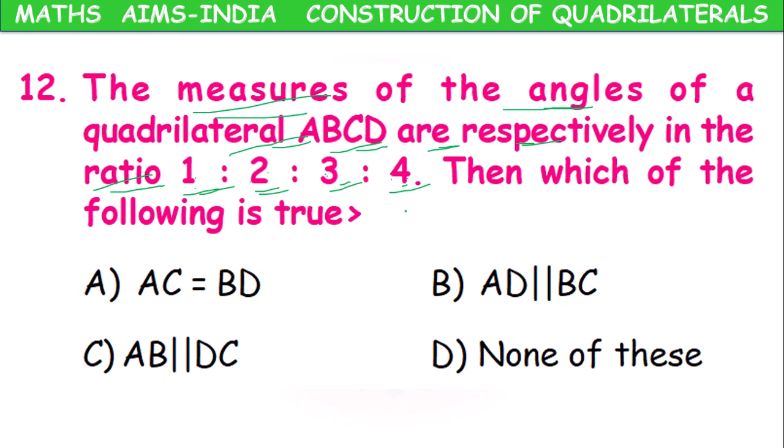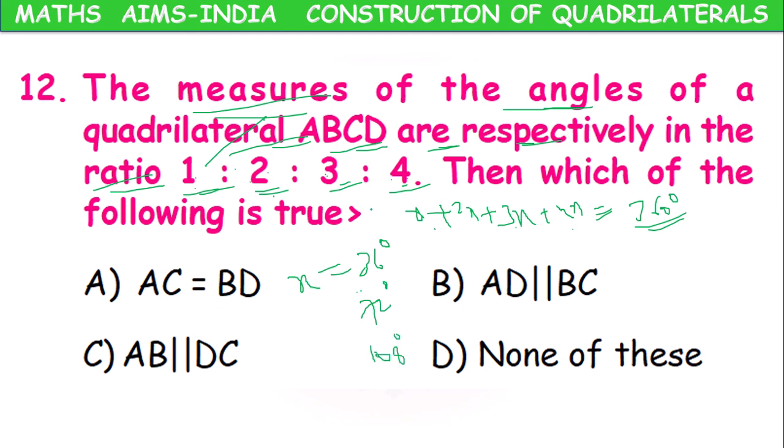Then the sum of all the angles, x plus 2x plus 3x plus 4x, equals the sum of all angles in a quadrilateral, which is 360 degrees. x plus 2x, 3x plus 3x is 6x, plus 4x is 10x. 10x equals 360, so x equals 36 degrees. One angle is 36 degrees, another is 72 degrees, another is 108 degrees, another is 144 degrees.